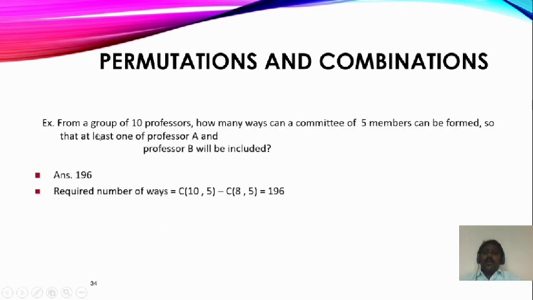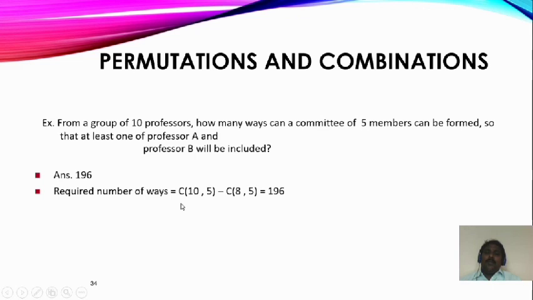Here he has given this: from a group of 10 professors, in how many ways can a committee of 5 members be formed so that at least one of professor A and professor B is included? The answer is 196. How do we get this answer?